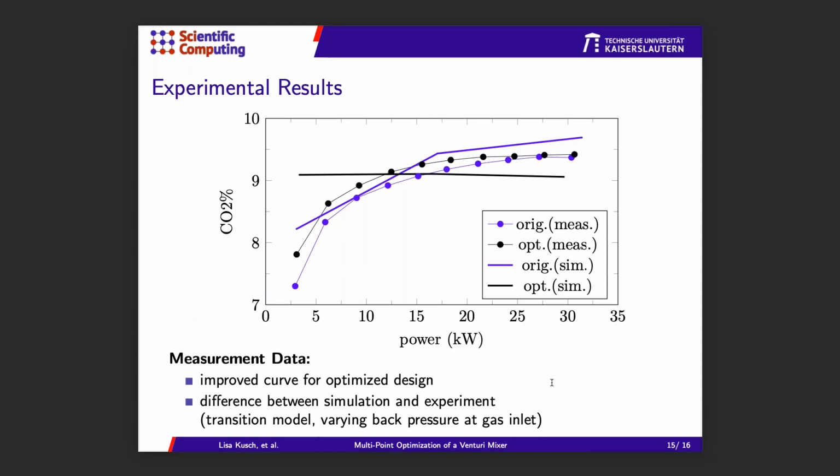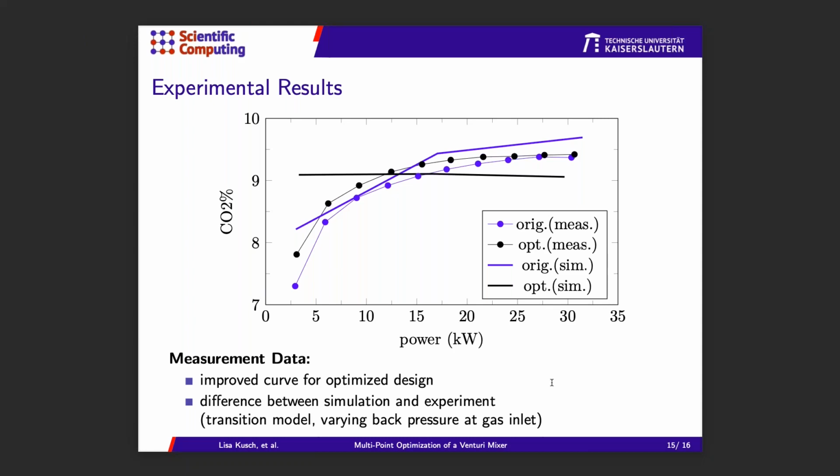And what you see is that this is quite a successful result, that we could decrease the distance to this target fuel to air ratio here. So this curve is the better one. But still, if we compare it to our simulation results, the bold lines right here, this is a bit off.